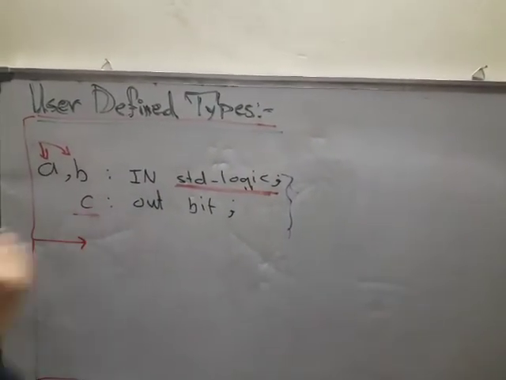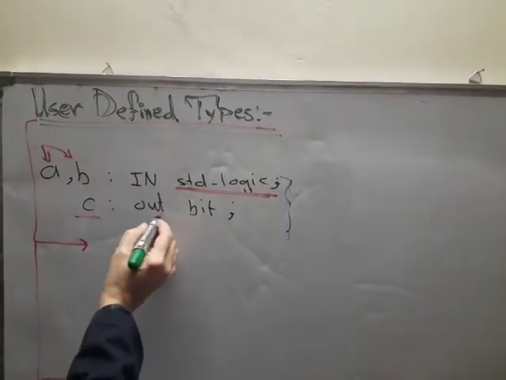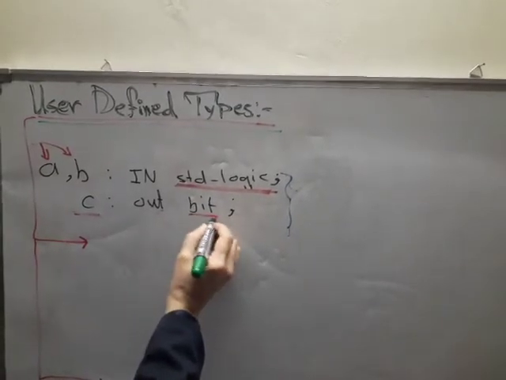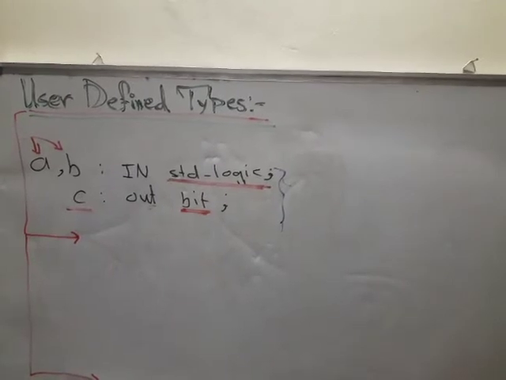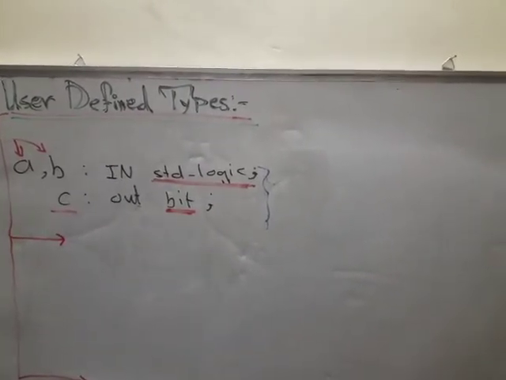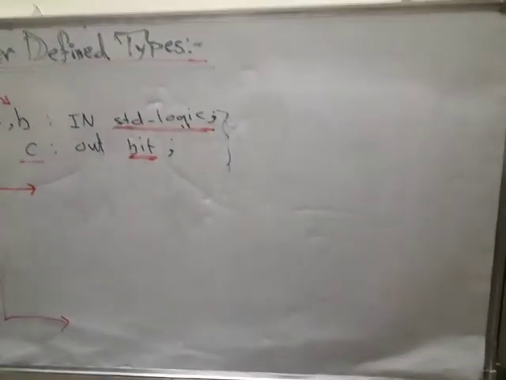Here, the signal C is defined as an output signal and its data type is bit. If these types or other types defined in the language library cannot be useful for our design, then we must define a new data type.